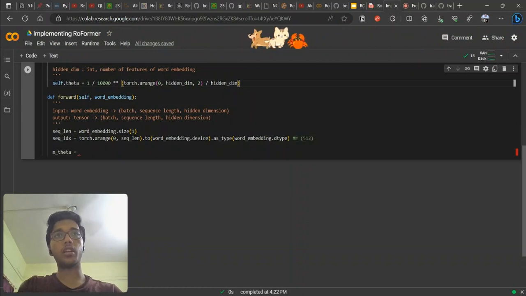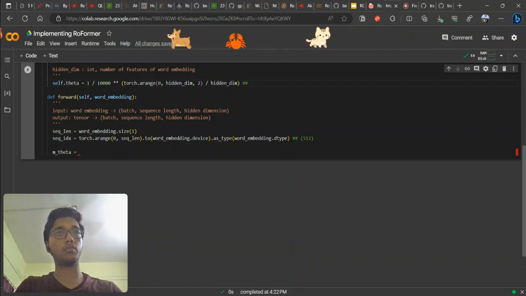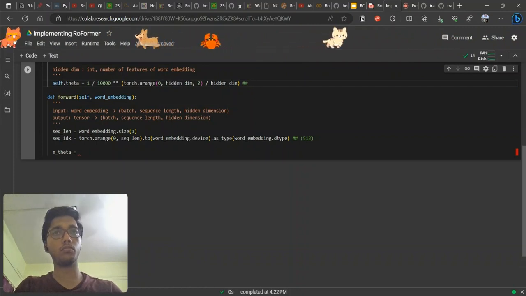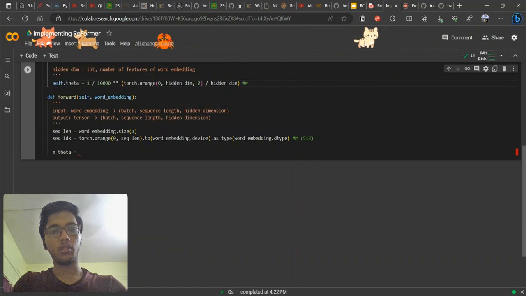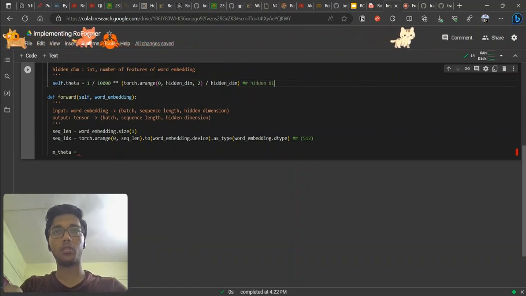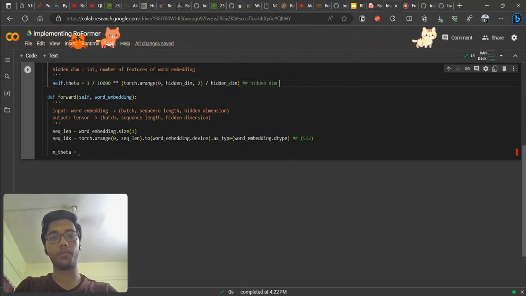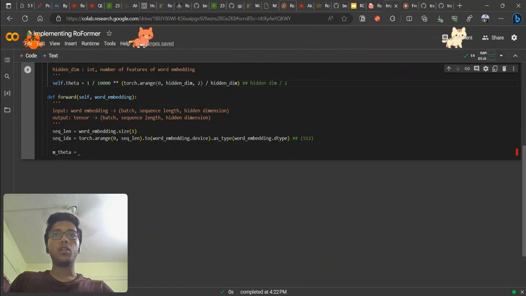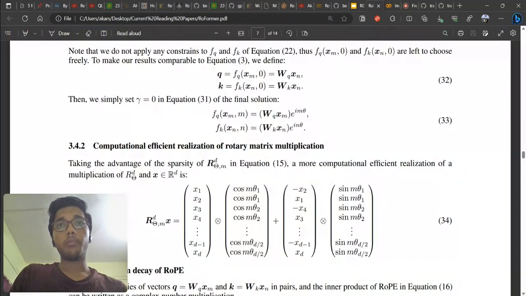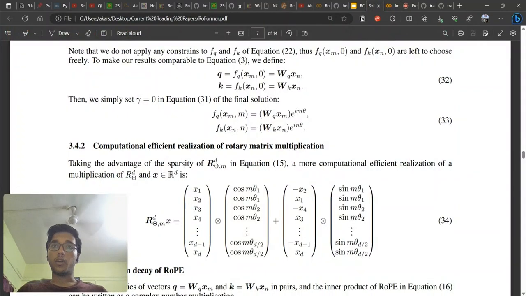And self.theta would be of the shape hidden dimension by 2. Now m theta would be of shape 5 and 2 cross, this means duplicates, right? If we say unique values, it would be d by 2.